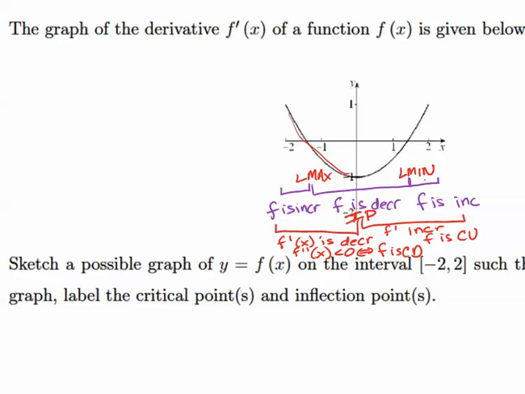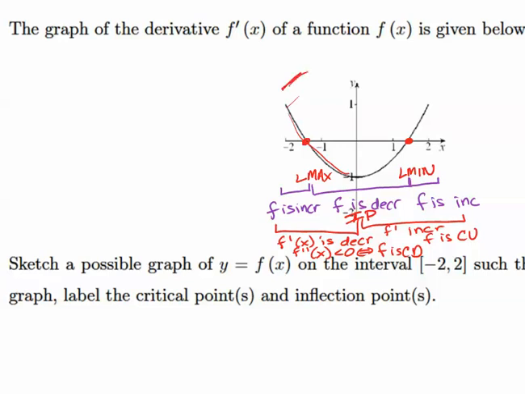So this is going to look like part of a cubic graph, but we don't know exactly where to put it. The places where f prime is equal to 0, those are the places where we get our horizontal tangents. So I could start wherever I want to.